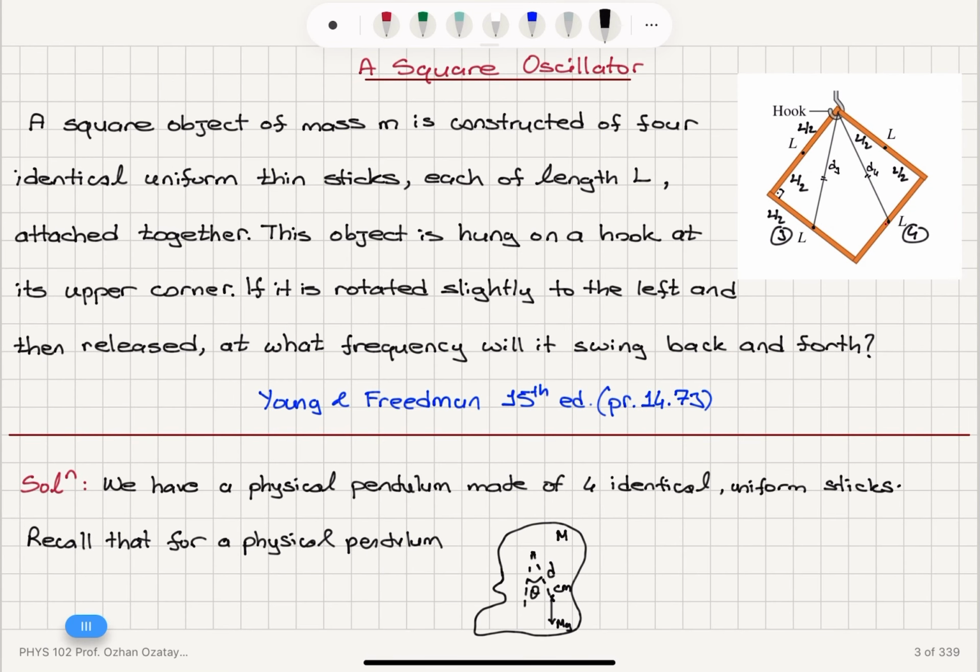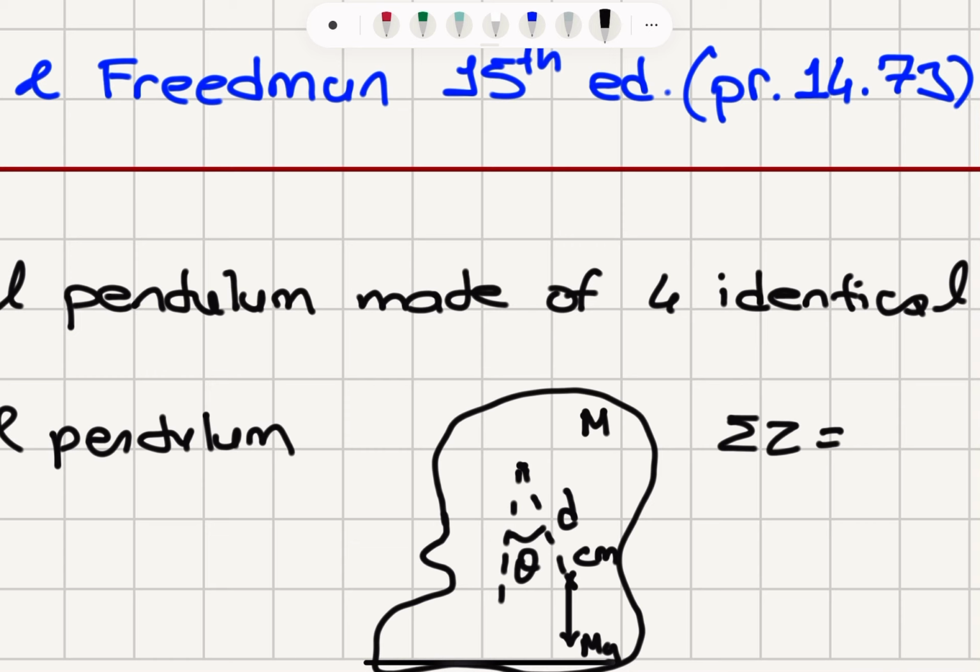And if we write the net torque acting on this, if we consider the perpendicular component of the force, so this angle is also theta, this will be the perpendicular component of the force, that is mg sine theta.